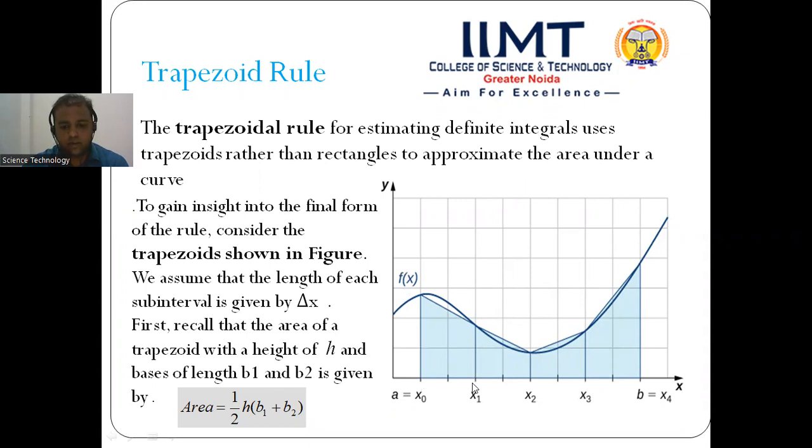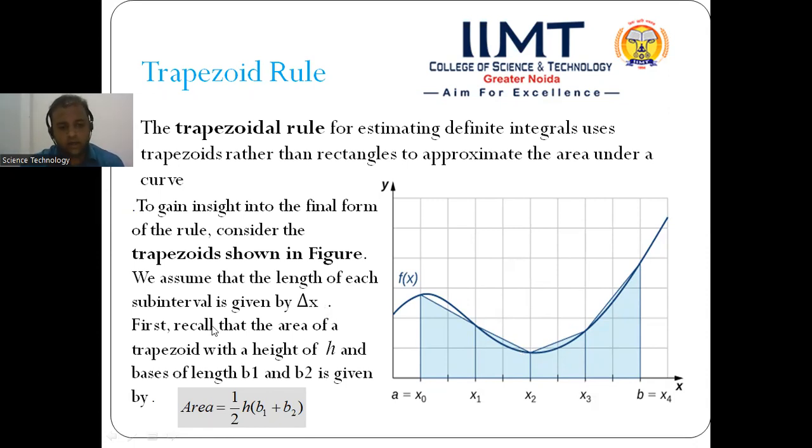So each length, x1 minus x0, is delta x, x2 minus x1 is also delta x, x3 minus x2 is also delta x, and x4 minus x3 is delta x. So each is divided into equal subintervals, which is shown in the figure.